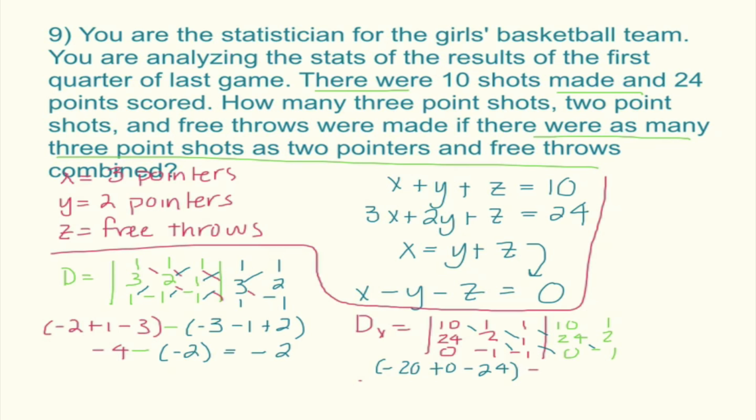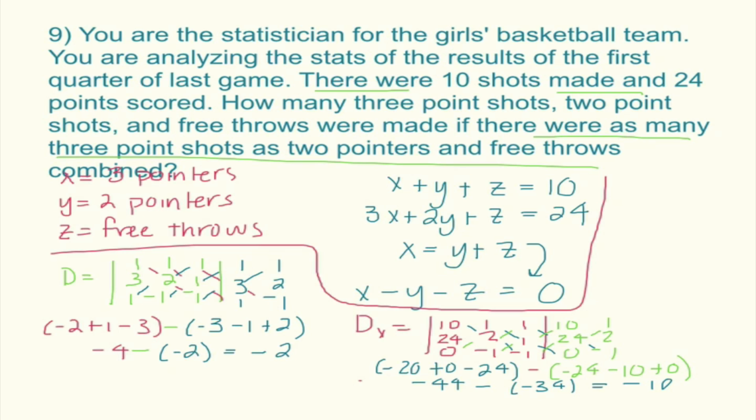Okay, minus 1 times 24 times negative 1 is negative 24. 10 times 1 times negative 1 becomes negative 10. And then I get plus 0. So when I combine these, I get negative 44 minus negative 34, which becomes negative 10.